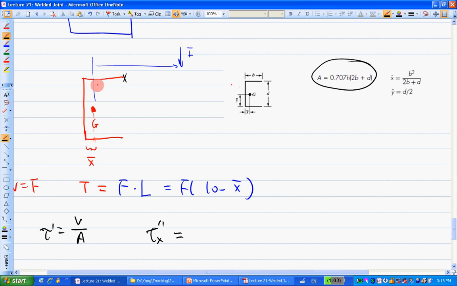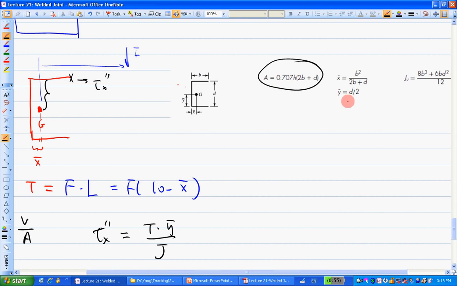T times which portion? This portion, right? This is tau x double prime. This portion is actually half of D. Basically, it's the y bar here, divided by J. Okay?